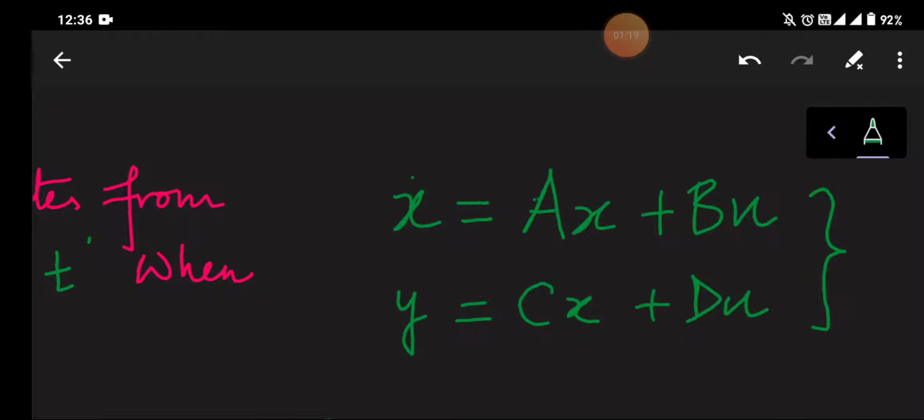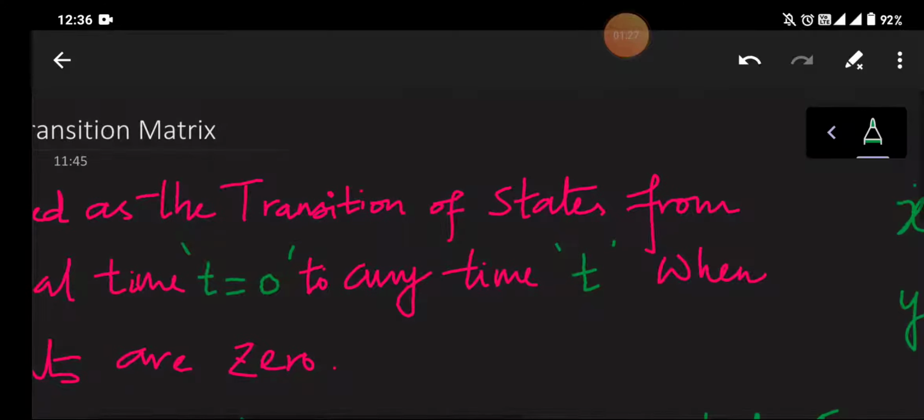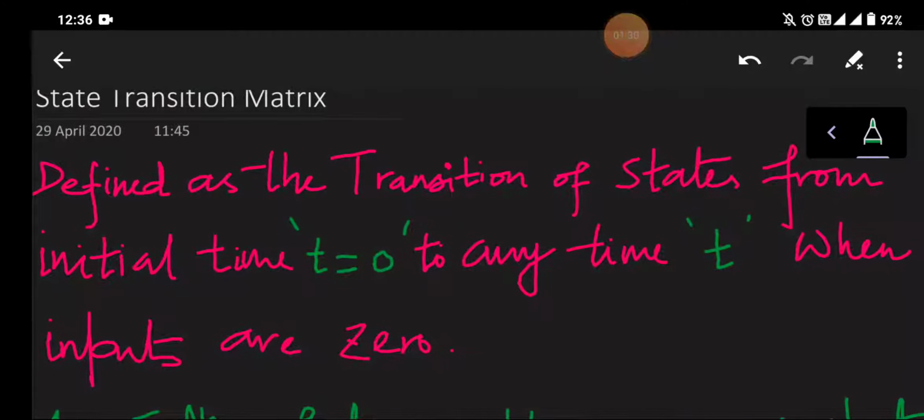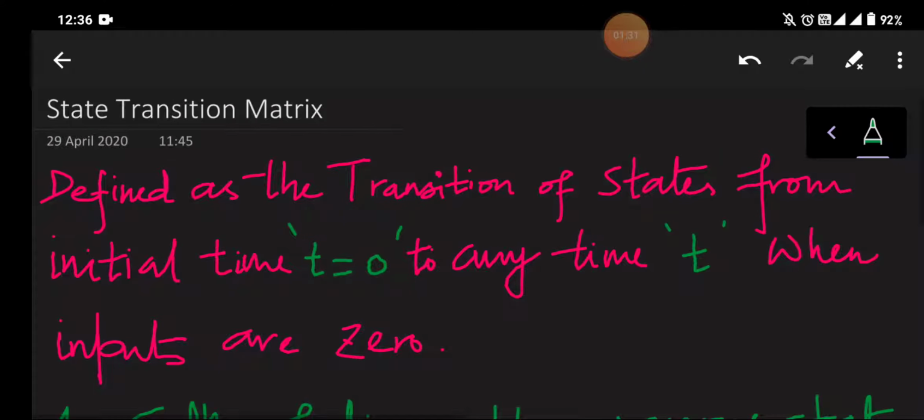So till now we have completed our state model with these two equations. Now we want to determine the solution of these two equations. So we will see what the state transition matrix is first. State transition matrix is defined as the transition of states from initial time t is equal to 0 to any time t when inputs are 0.